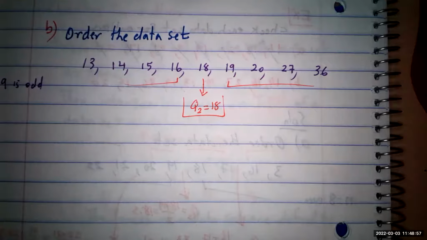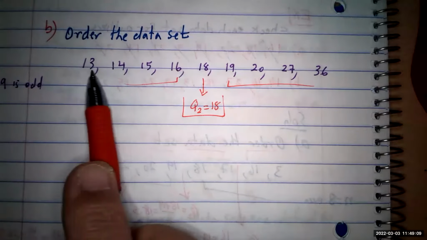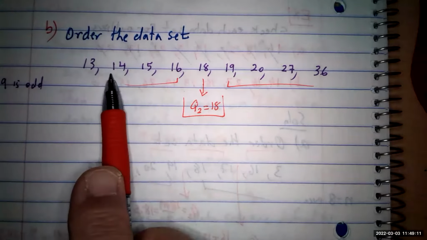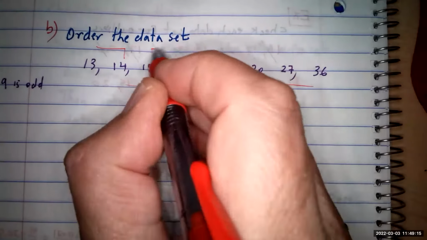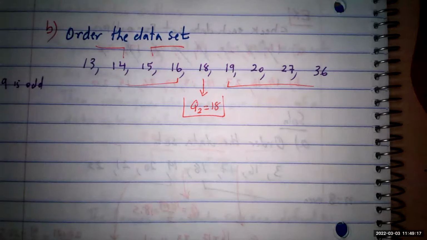Okay. We got the 9 elements, so it's an odd number. So the middle one is possible. So you get the numbers to the left of the median and the right of the median. The left of the median, we get these numbers. We get 4. Remember, it's the left.